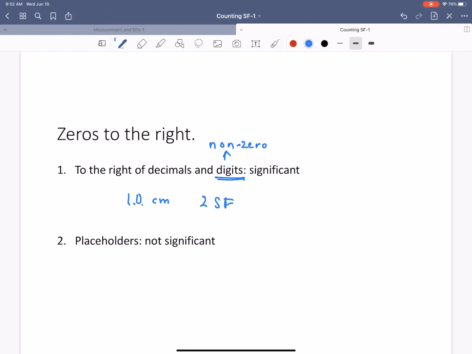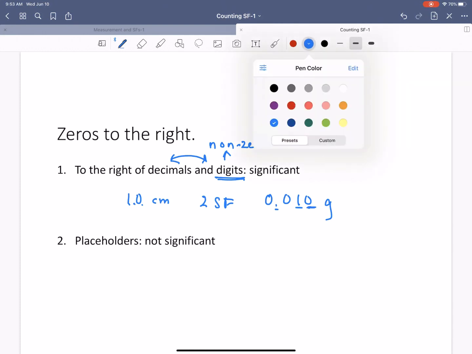Or maybe it's to the right this way. So this 0 is still to the right of a digit and a decimal. It doesn't matter which one comes first, digits or decimals. The 0 on the right is significant. Placeholder. Here, we do this by convention to say, oh, watch out, there's a decimal coming.